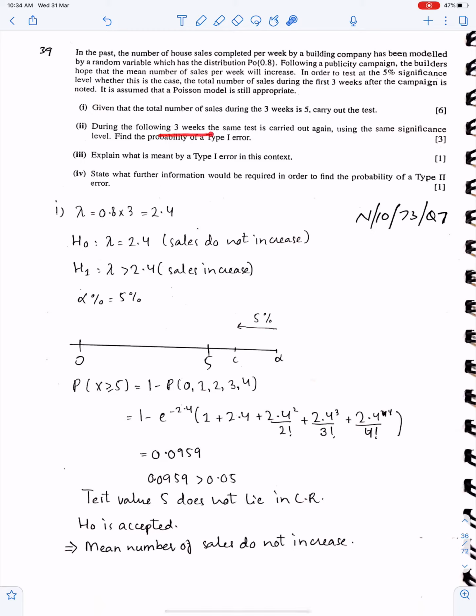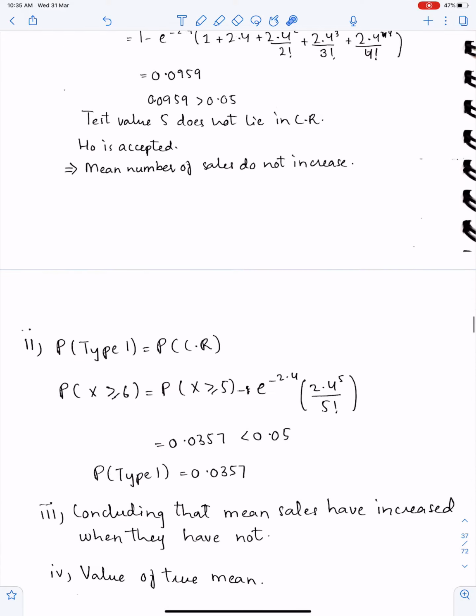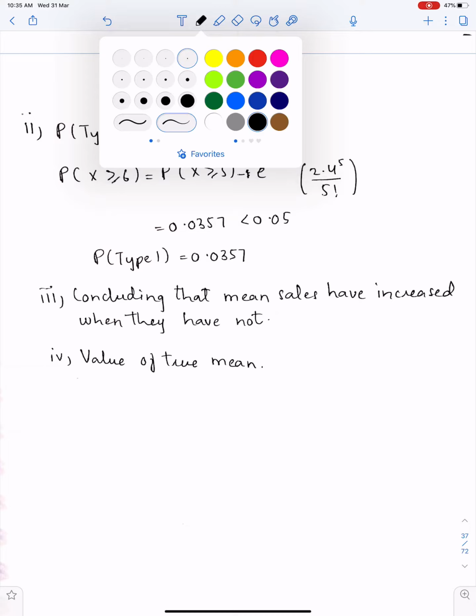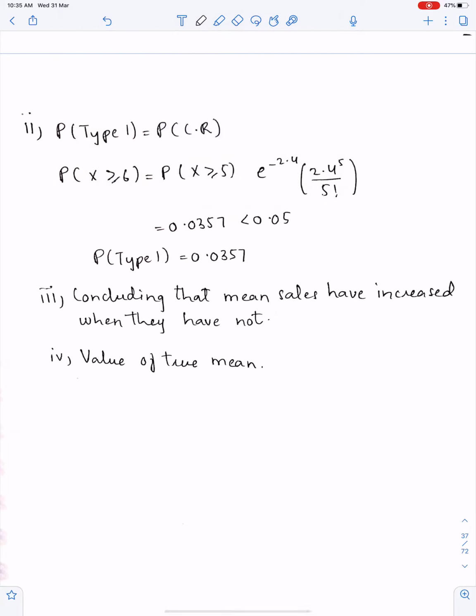During the following 3 weeks, the same test is carried out again using the same significance level. Find the probability of type 1 error. So for that, we have to find the critical region. Type 1 is the critical region. First check x greater equal to 6. Since 5 is not in critical, we have to check whether 6 is in critical or not.